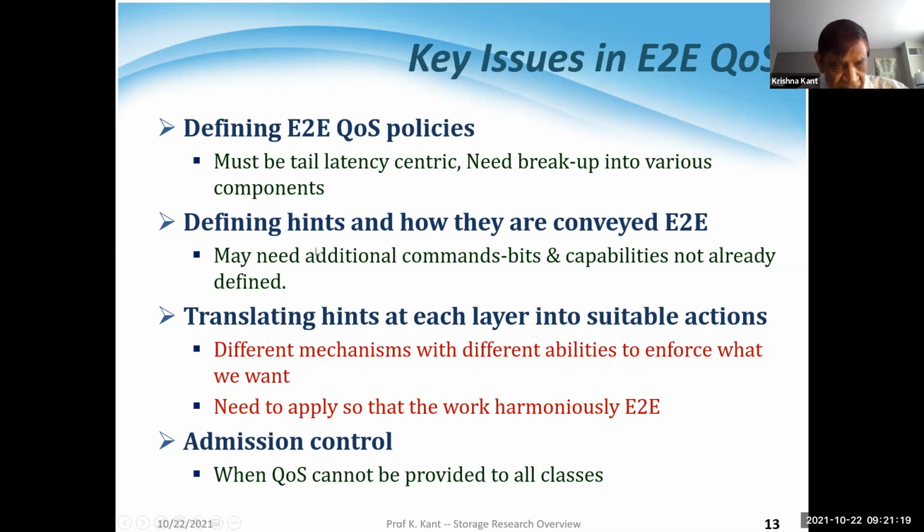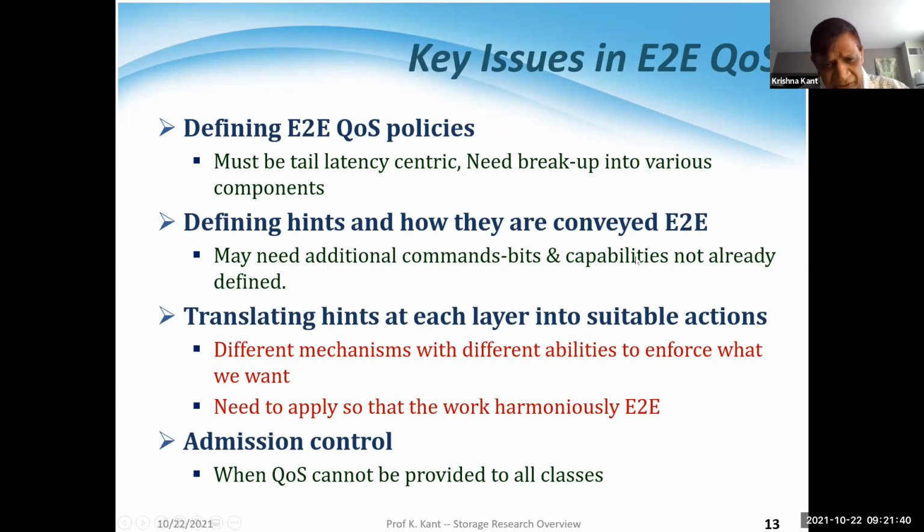And then there's a whole question of how do you define these hints and how do you convey them end to end? And that provision is not there in the different storage protocols. You need to make some changes to the storage protocols, which is always a very, very painful thing.